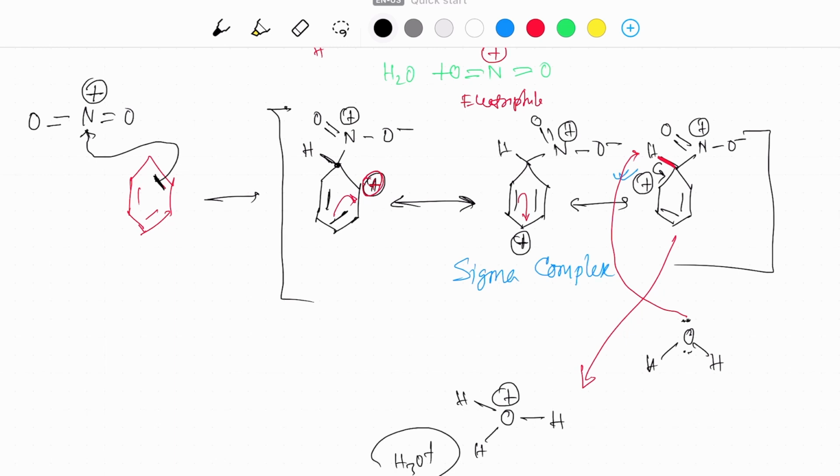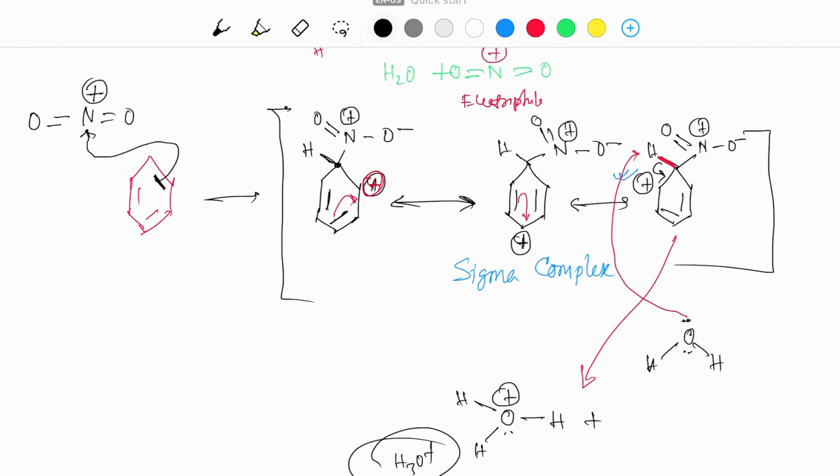And our main product that we have been waiting for is this nitrobenzene that we formed here. So we had this reformed double bond here. I'll just change the color so that you understand. So we reformed this double bond here, and we already had double bonds here and here. Let me redraw it properly.